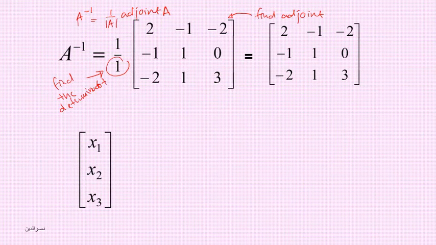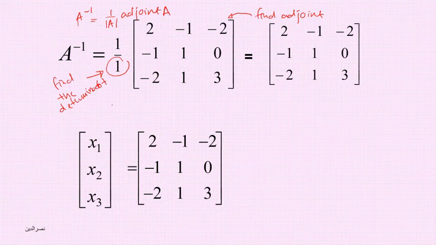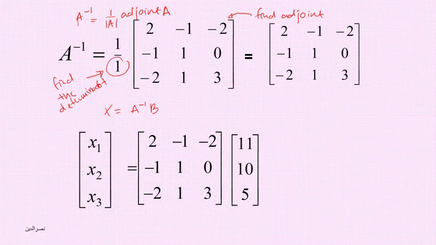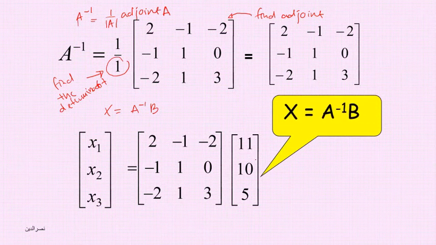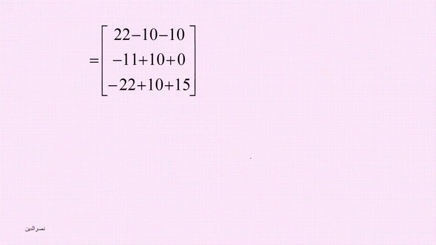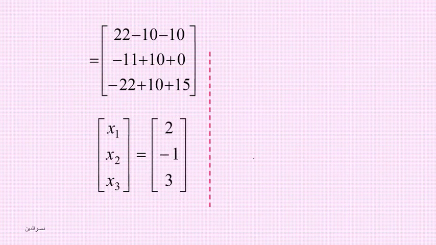In order to find the solution, the value of X, we need to substitute this inverse into A inverse times B. This is the inverse, this is the matrix B, and by multiplying out the right hand side, we get x1, x2, x3 equal to 2, -1, and 3.